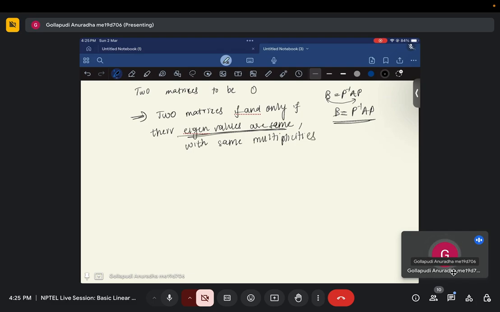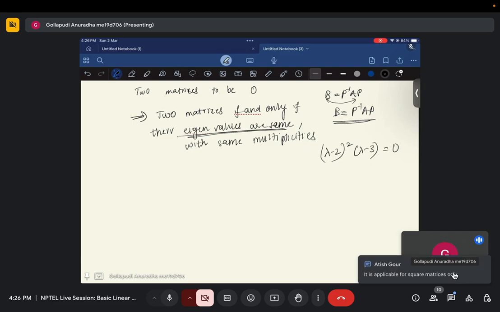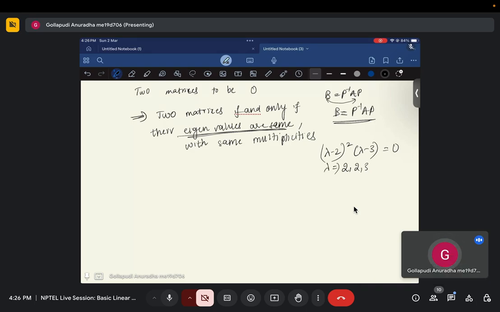For example, if you are getting a characteristic equation such that lambda minus 2 squared times lambda minus 3, then you know that 2, 2 and 3 will be eigenvalues in this case, and suppose if it is like this, then here you're going to get 2, 3 and 3, right?